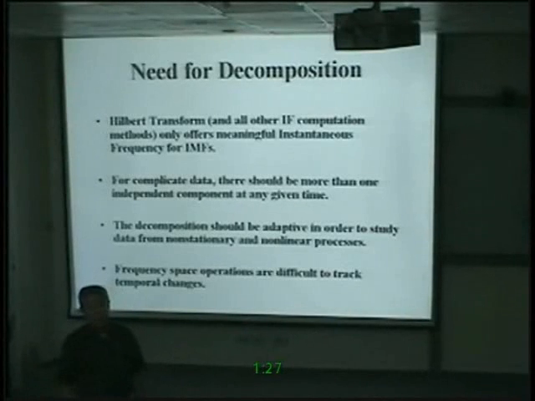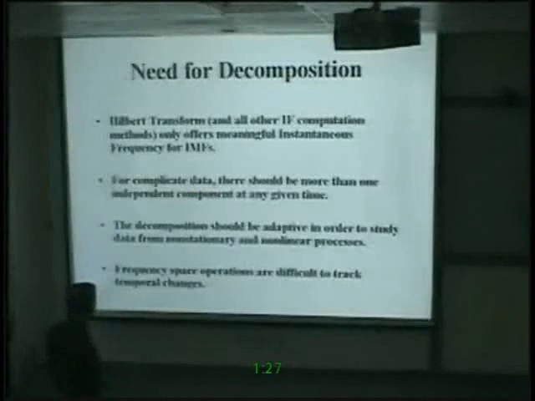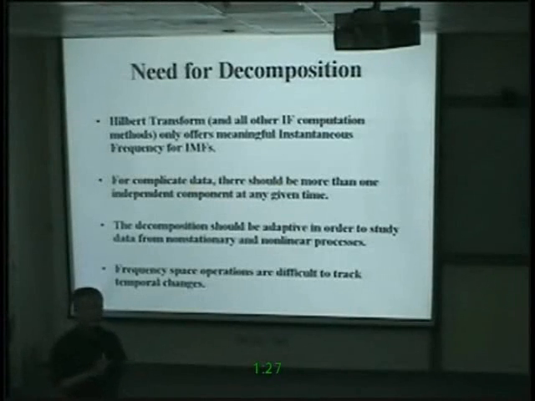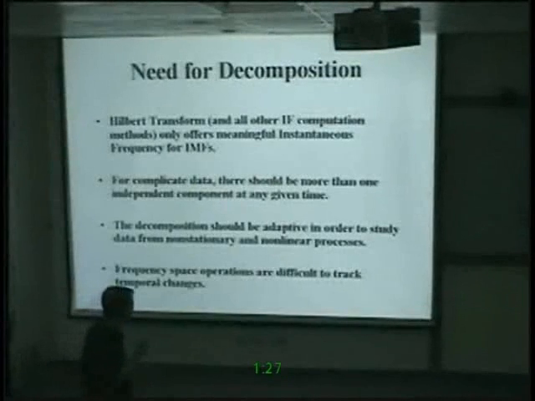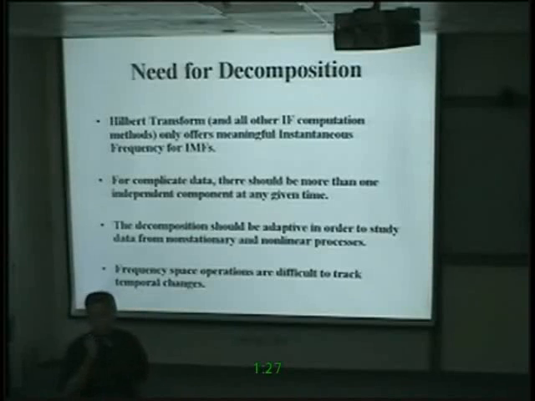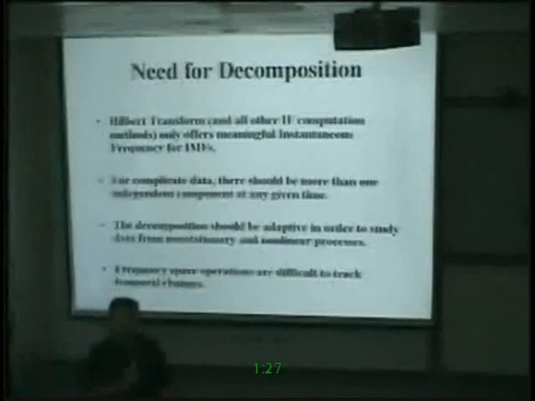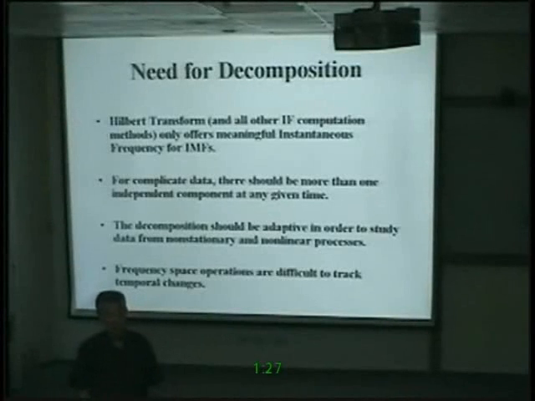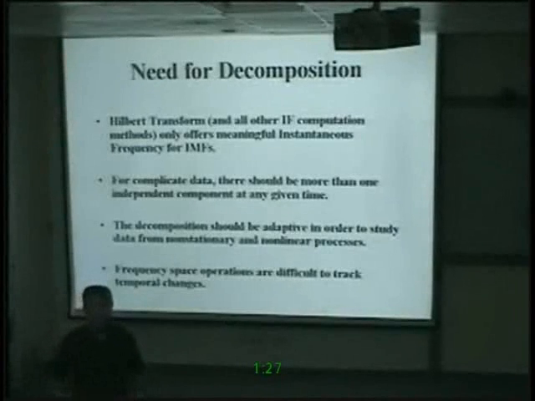I don't think so. For complicated data, there should be more than one independent component. And if you have more than one independent component, we should have more than one instantaneous frequency at that particular time. That separates us from some of the people who specifically talk about time frequency analysis.